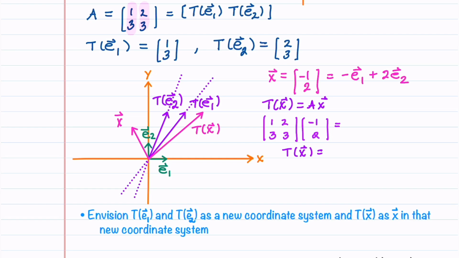Let's see what this looks like. We have T of x is equal to A times x, and we can write this as -1 times our first vector plus 2 times our second vector.